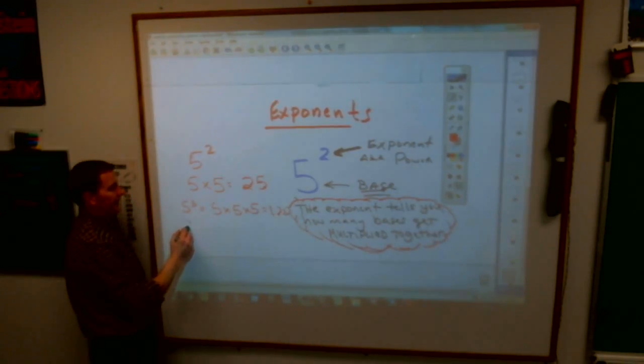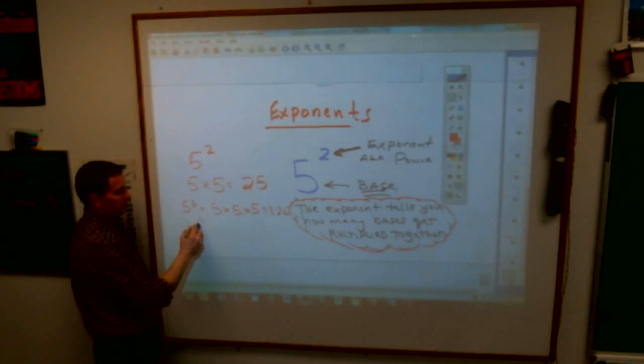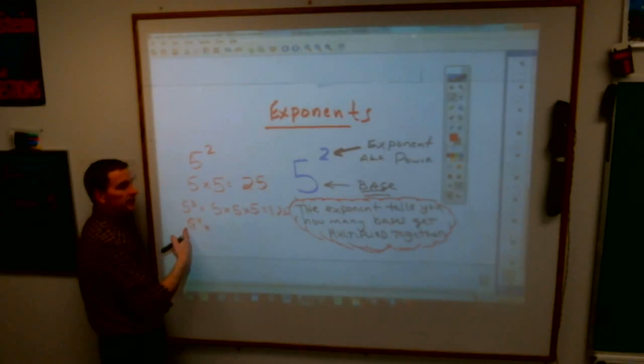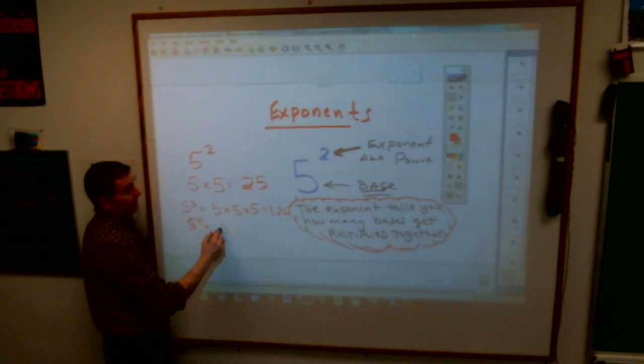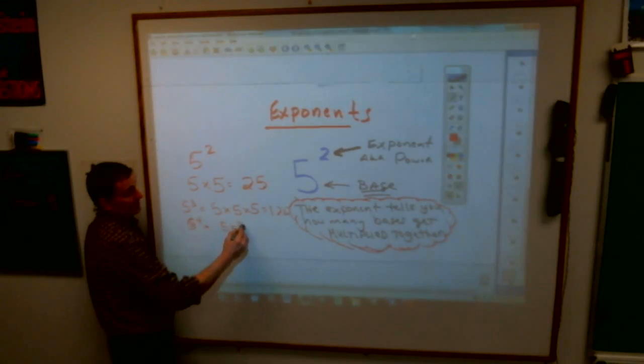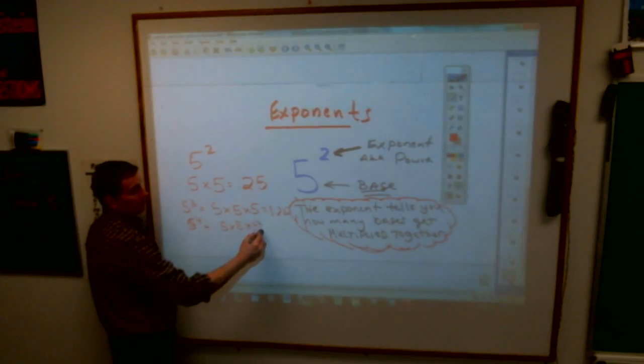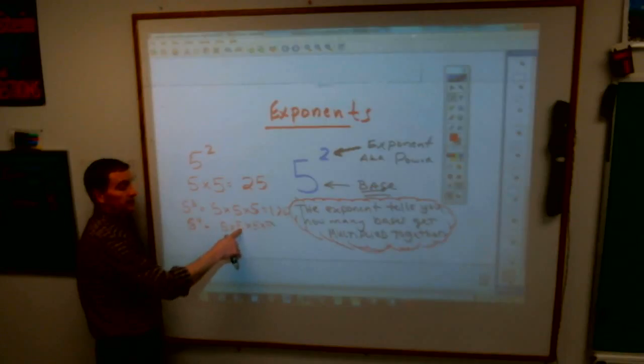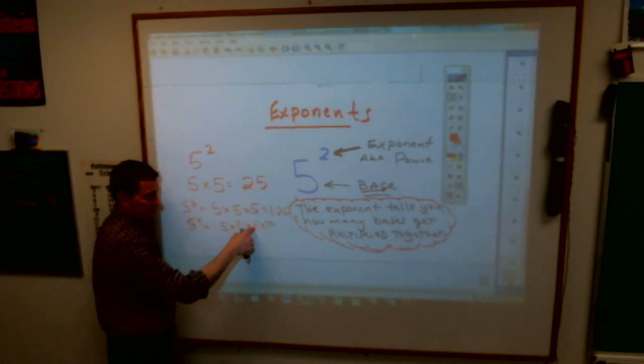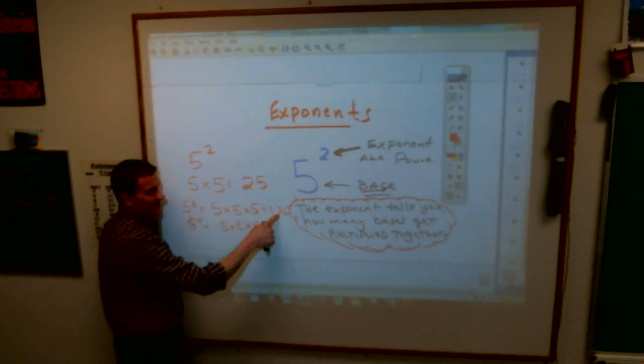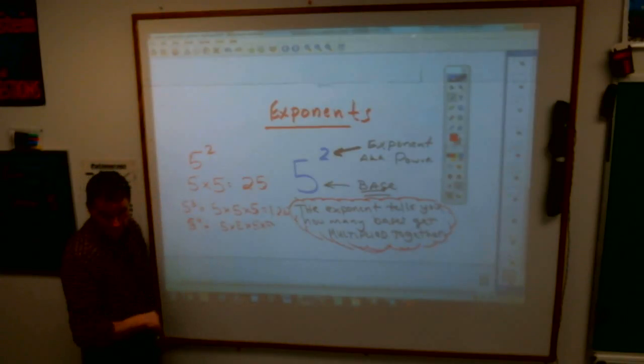And then, if I had 5 to the fourth power, it's not 20, it's not 5 times 4, it is 4 5s all multiplied together. Which 5 times 5 is 25, and we know times another 5 is 125, so now I gotta take 125 and multiply it by 5.